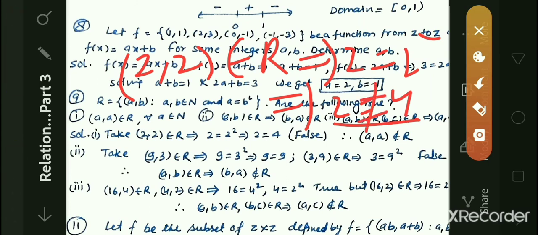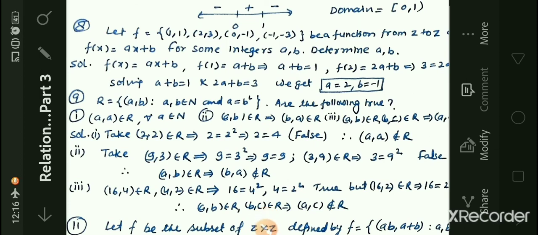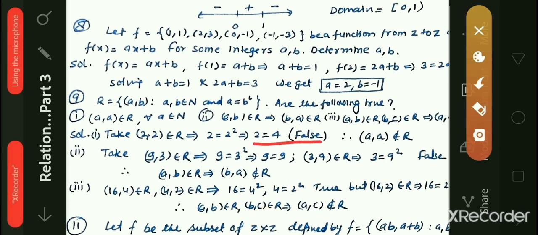So this is not true. It is given here false. So (a, a) does not belong to R.